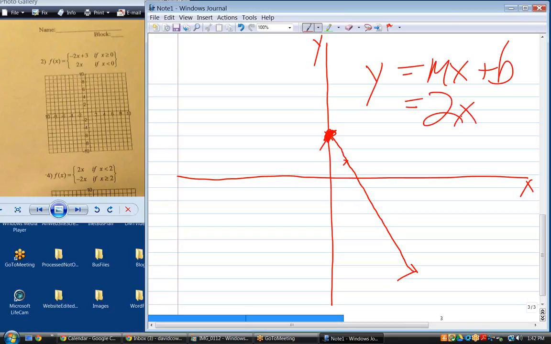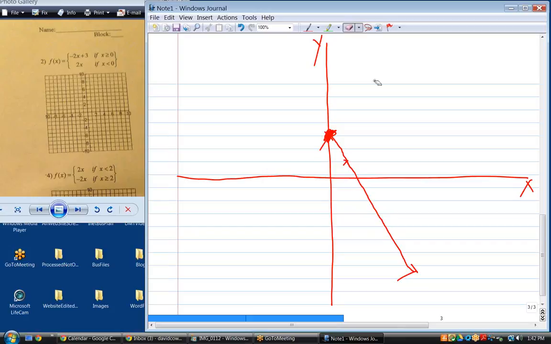What's b? 0. So we're going to start at 0. And we're going to start with an open or a closed circle? Is it open? Yeah, because it's only when x is less than 0. So when x is equal to 0, it's actually this function up here. So only when it's x less than 0.